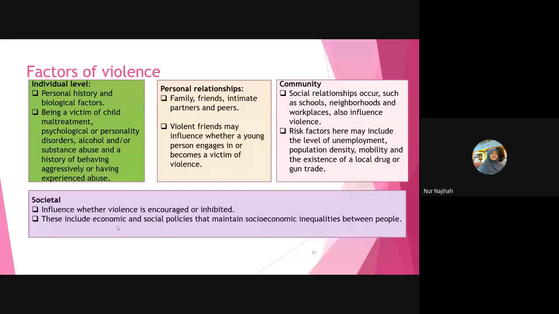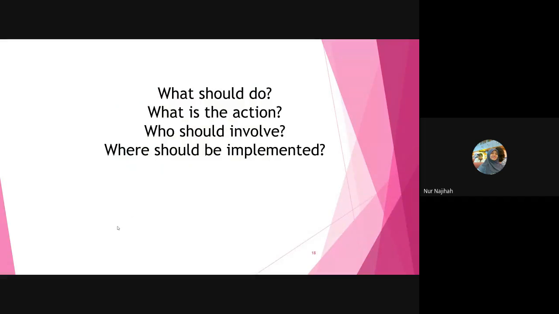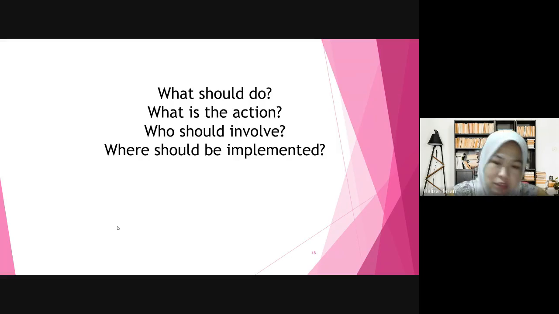Okay, just like I mentioned, the factors or roots of violence: individual level, relationship, community, and societal. So what should we do as a community, as a society?